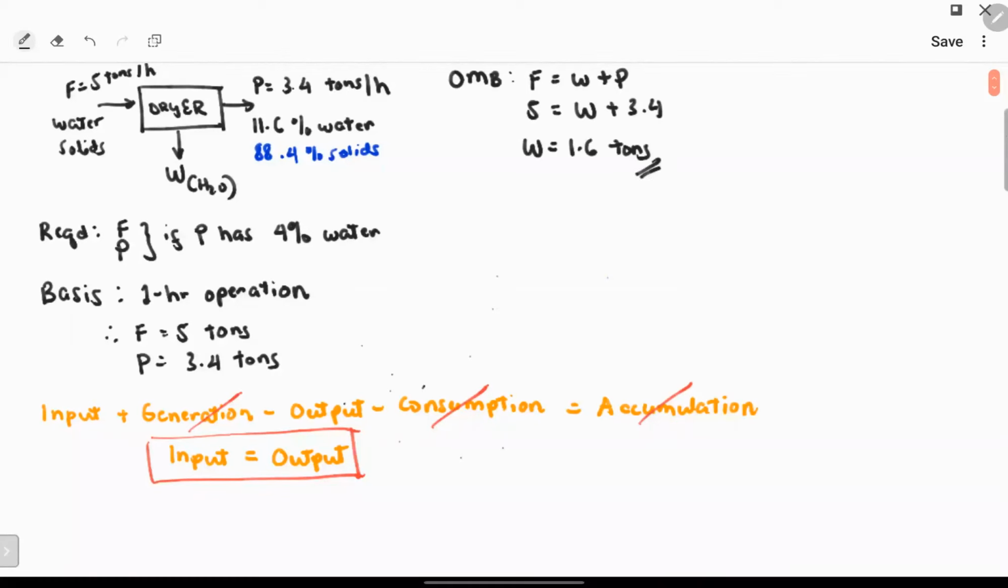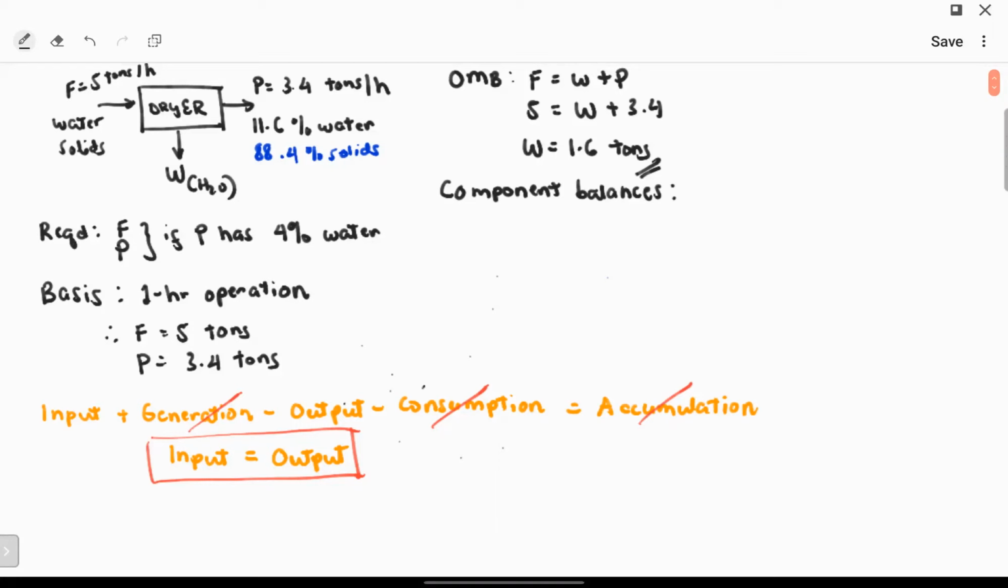Now, what's next? After doing the overall material balance, we could probably do the component balances. Component balances. So earlier was the overall, right? But for the component balances, you will consider each component, it can be solid, it can be water.